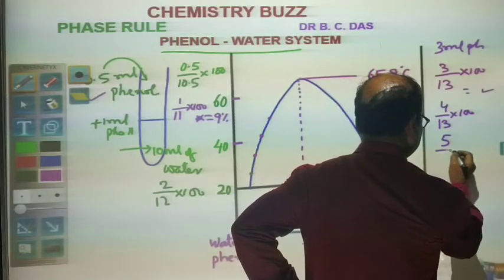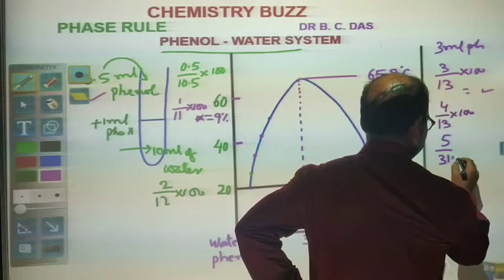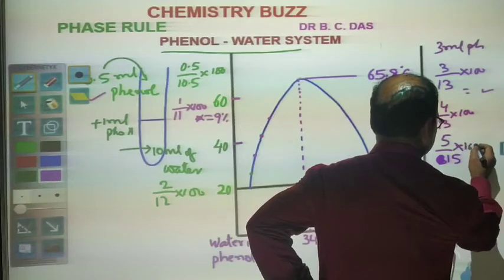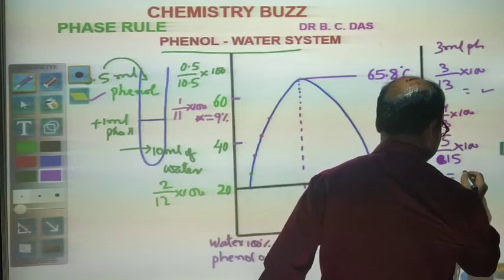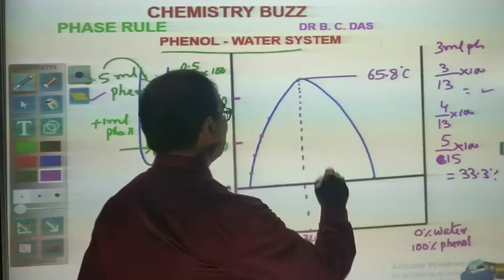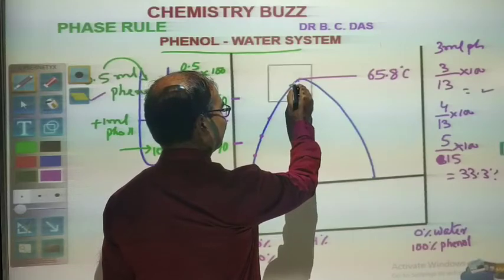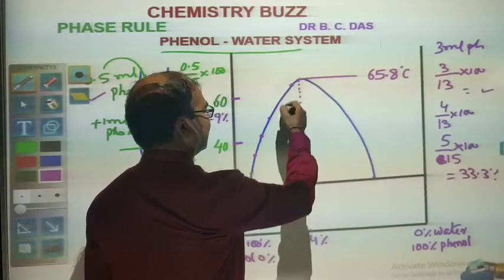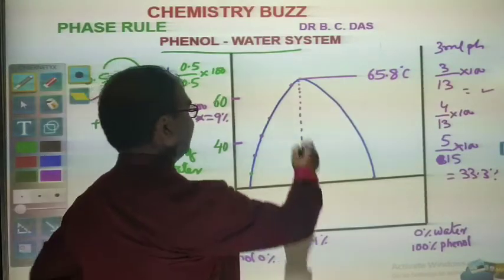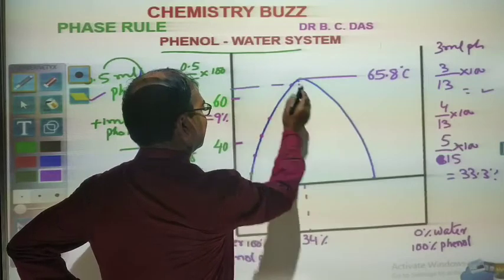So 5 by 15 into 100, that is 33.3%. At this composition, when this is heated, it will be miscible at the temperature corresponding to this point.